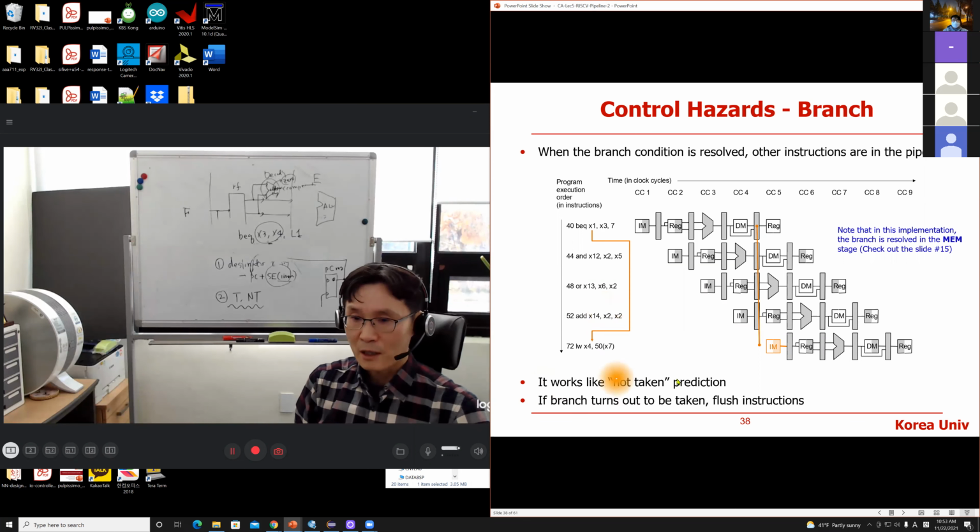I'll talk about the branch prediction stuff after explaining the design detail, so don't worry about this. If a branch turns out to be taken, then you have to flush out these three instructions.